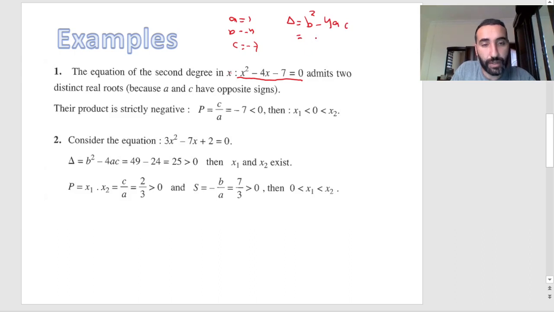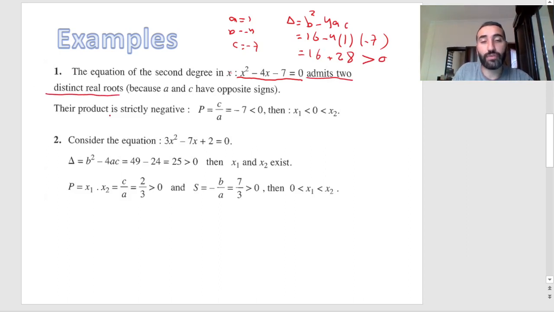How much does delta come out? B squared is 16 minus 4 times 1 times negative 7. So 16 plus 4 times 7, which is 28, so it is positive. Okay, delta positive means it has two distinct roots.